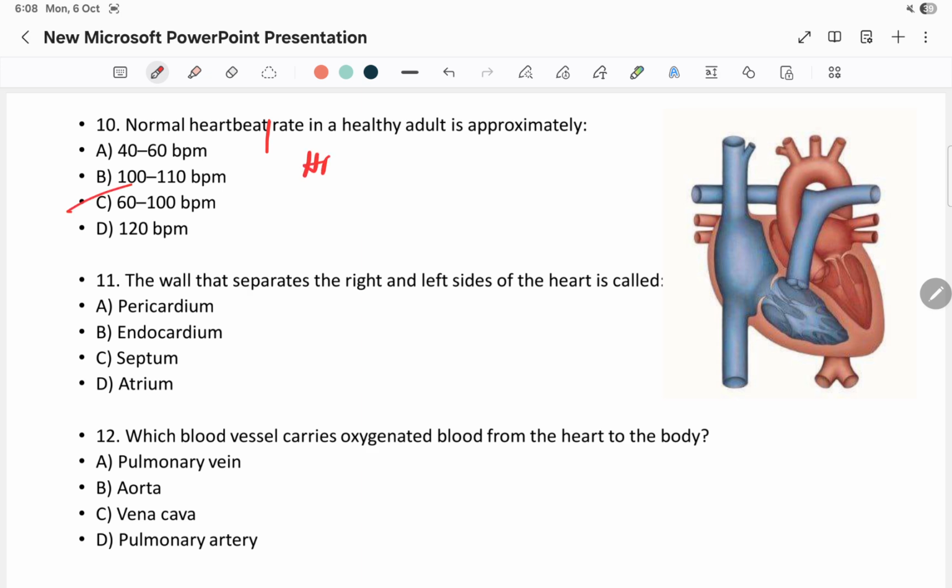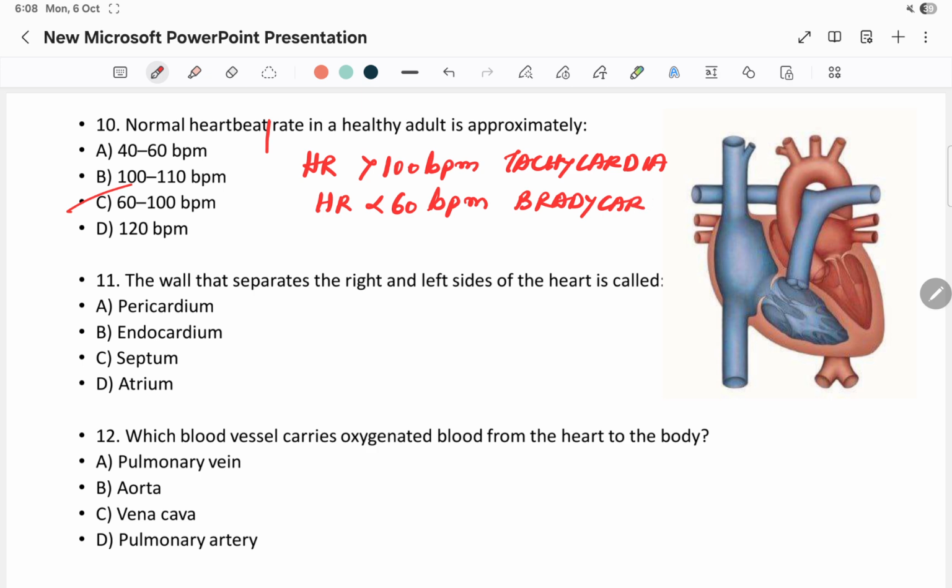And a heart rate more than 100 beats per minute is known as tachycardia. And a heart rate less than 60 beats per minute is known as bradycardia. Clear?